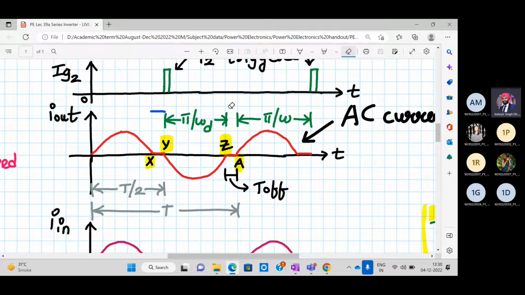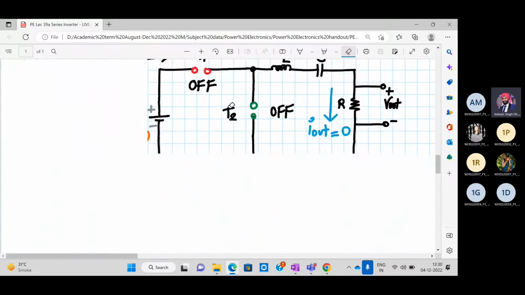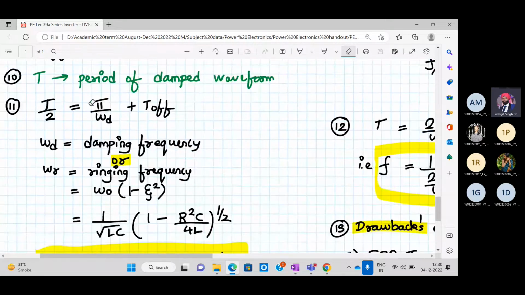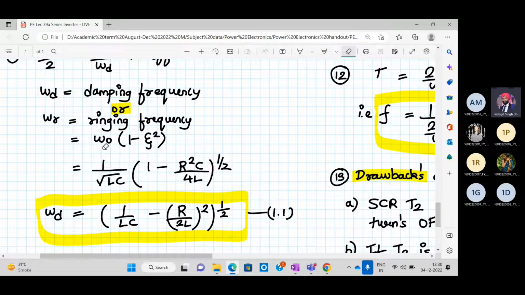So from here, T by 2 is actually pi by omega d plus T off, where omega d is called the damping frequency or the ringing frequency, which is given by omega naught into (1 minus zeta square) raised to half, where omega naught is 1 upon square root of LC, and zeta square is R square C divided by 4L.